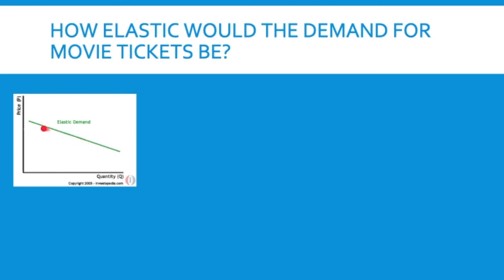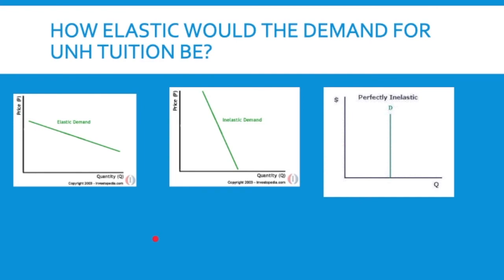If the price went up to $20, a lot fewer people would go to the movies. Other people say, I like going to the movies, I like seeing things as they come out before everyone else does, but I'll see a lot fewer movies if the tickets are $20. I'll wait for them to come on demand or be streaming or DVD or whatever they do. So movie tickets, being a luxury, not a necessity, would have a very elastic demand curve.